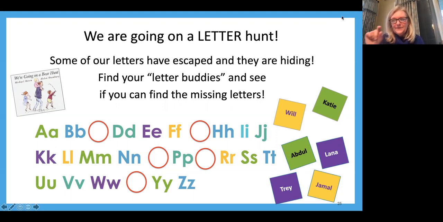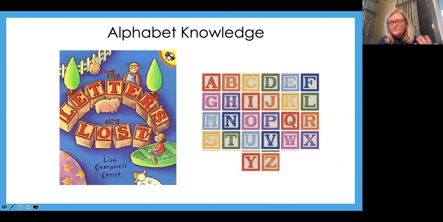And if you'll notice with the letter buddies, the buddies are the same color. So, Will and Jamal. If the print's hard for a child to recognize, they can find their partner based on the color of their little card. So we're trying to think across children and how each child can be successful with that.